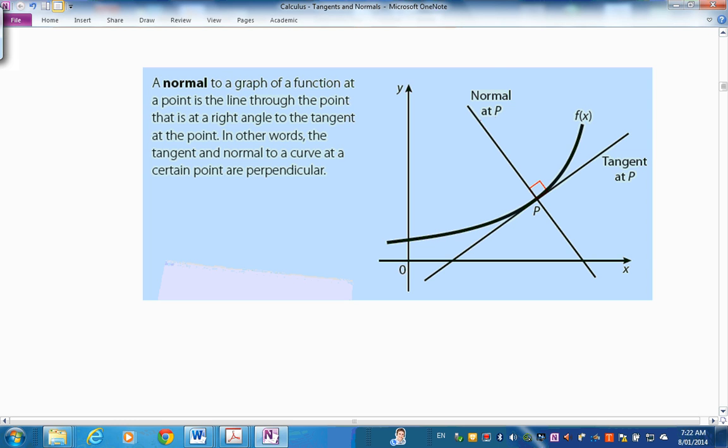This is a normal at the point P. There it is, it's at 90 degrees to the tangent or to the curve. The slope of the curve at the instant is the slope of the tangent. I can't help myself, I've got to do it.